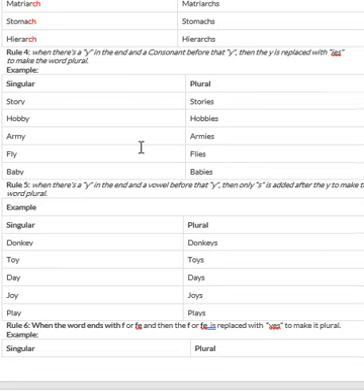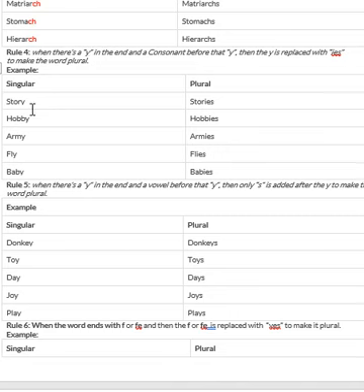There is another problematic thing you will have to remember, you will have to memorize. Whenever the word in singular ends with y and the letter before y is a consonant, then to make it plural we replace the letter y with ies. Remember this.